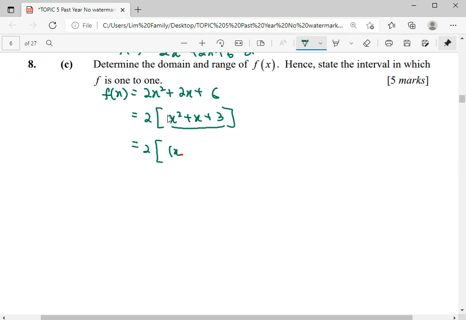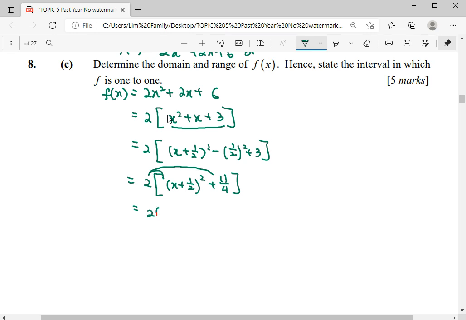So this will be x squared, then 1 over 2, minus back the value and plus c. So this is negative 1 over 4. 3 minus negative 1 over 4, 11 over 4. When you expand back into the bracket, in front of the bracket.